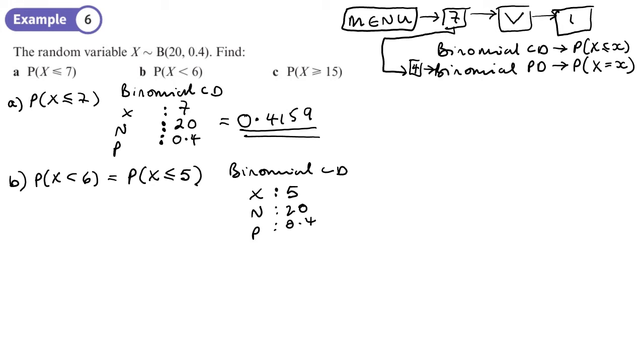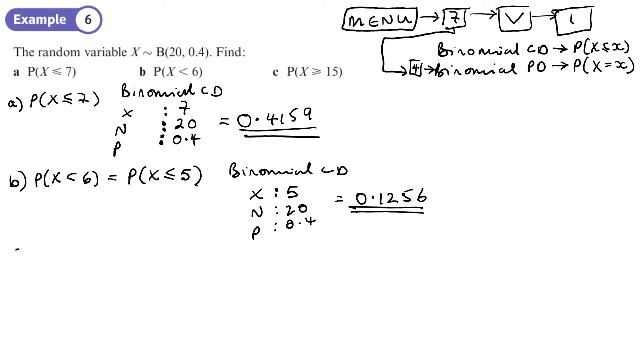Now if we just press AC to clear, all we need to change is x. The 20 and the 0.4 are already there, so we just press equal a couple of times, and then we get 0.1256, again to 4 decimal places.